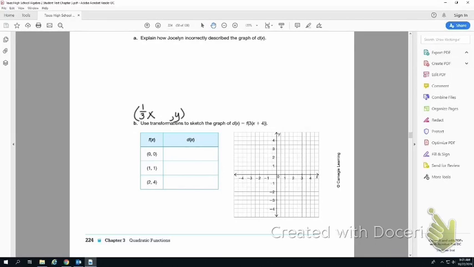If it's X plus 4, which direction is that going to move? To the left. So if they're going to go to the left 4, I need to take all my X values and subtract 4. I haven't changed any of my Y values, so that makes it easy. They're all going to stay the same.